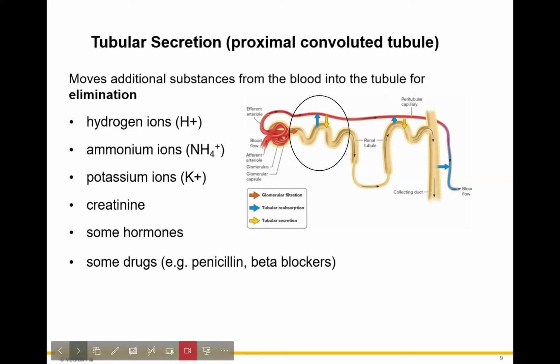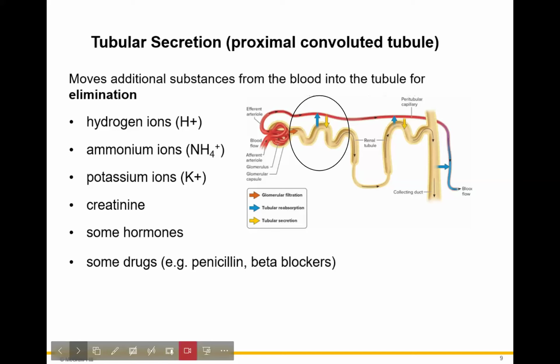We mentioned that the proximal convoluted tubule is where reabsorption of water, glucose, and amino acids happens. To me, this is a shortcut way of getting rid of substances that perhaps were not filtered out enough in the glomerulus.